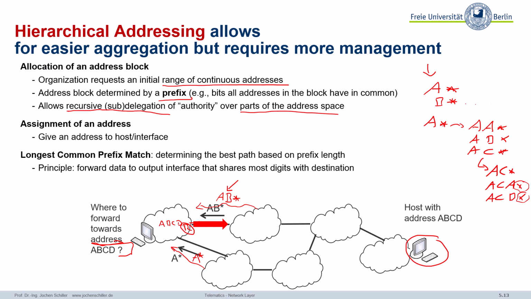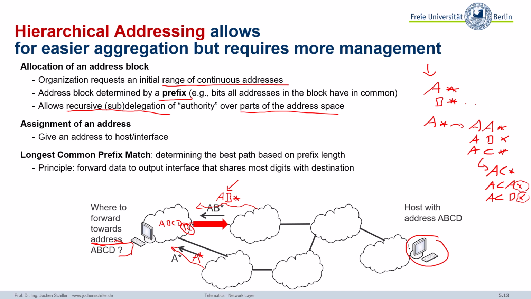And that determines the best path. That's the idea. We'll then also see where we do this during the routing process, how we fill routing tables, and how we create forwarding tables based on this. But here we're still at this very general introduction where I say, okay, hierarchical addressing, that's important.